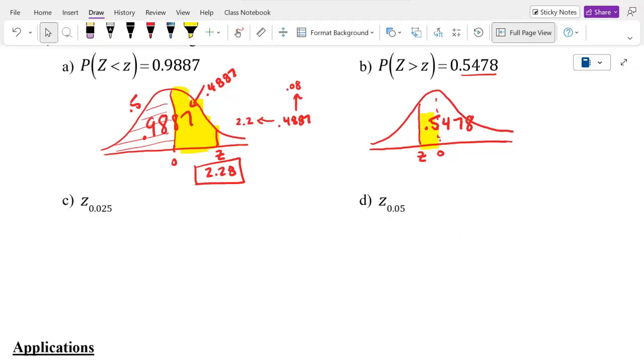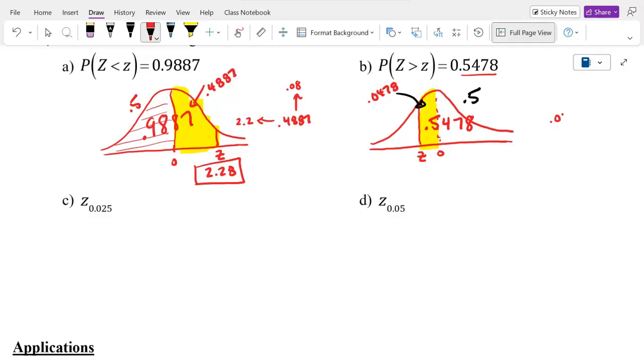Now, I know that from 0 to the right is 0.5. I need this highlighted area so that I can look it up and get the corresponding z-score. I can find that by taking 0.5478, subtract out the 0.5, and that's going to leave that little highlighted area as 0.0478.